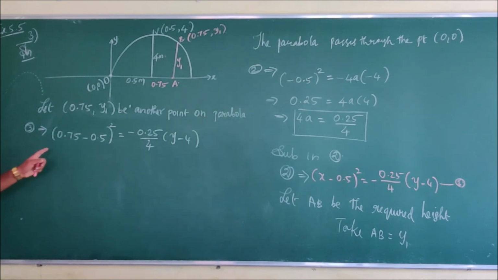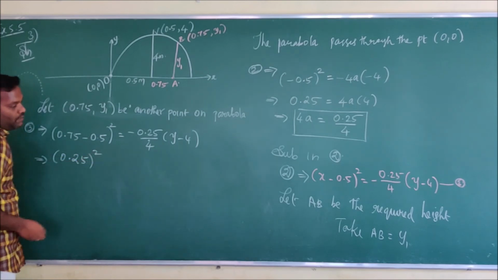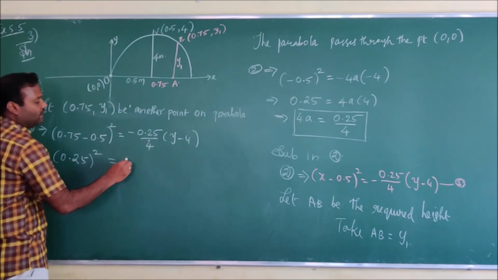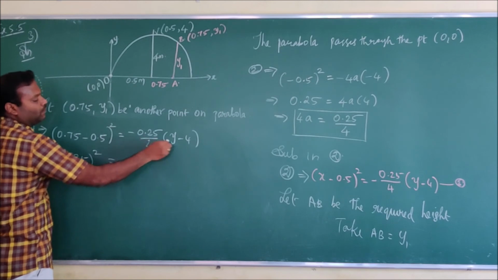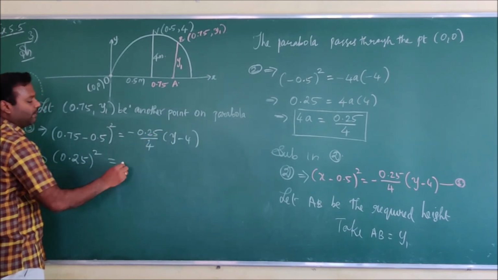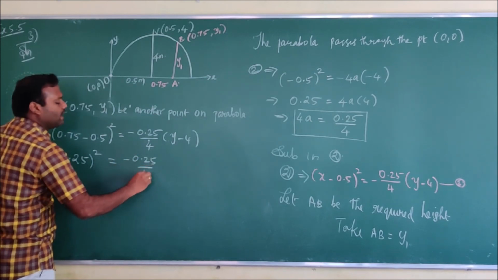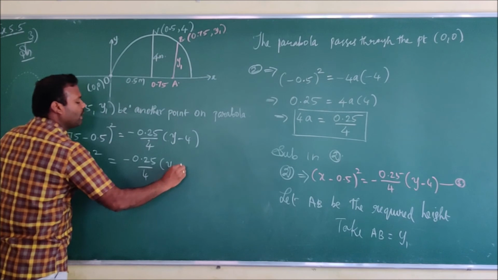When you subtract 0.75 minus 0.5, you get 0.25. So 0.25 the whole square is equal to, you can multiply the minus at the last, minus 0.25 divided by 4 into y minus 4.